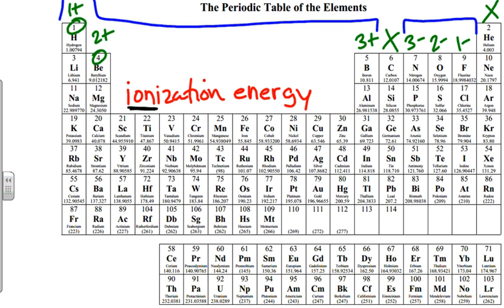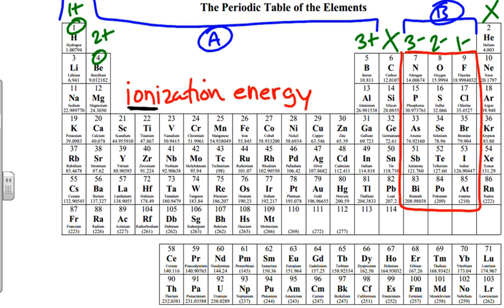So we have group A and we have group B. So what do you think, as far as which of these groups of elements would require a lot of energy to remove an electron? The answer is these nonmetals over here, group B, they want electrons. That's why they form those negative charges.